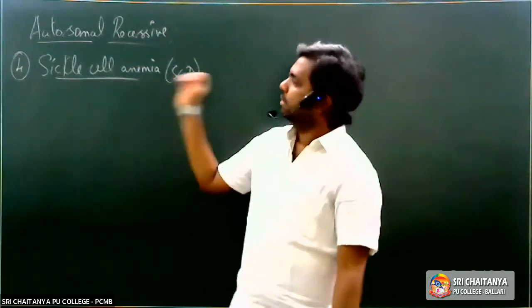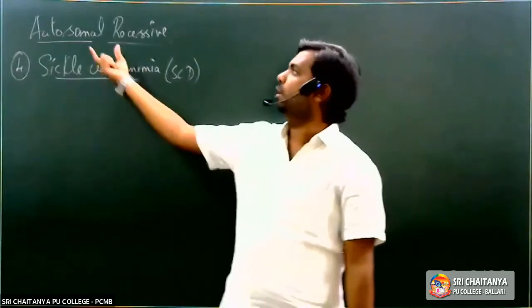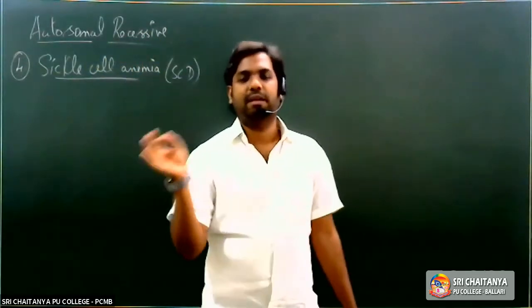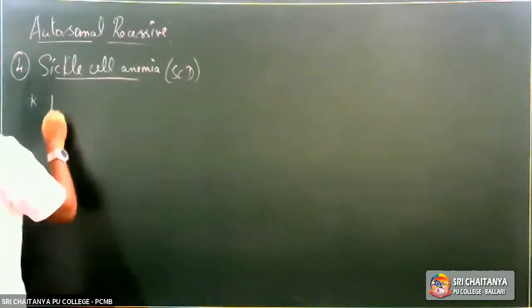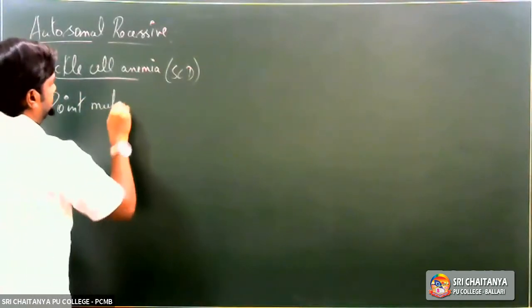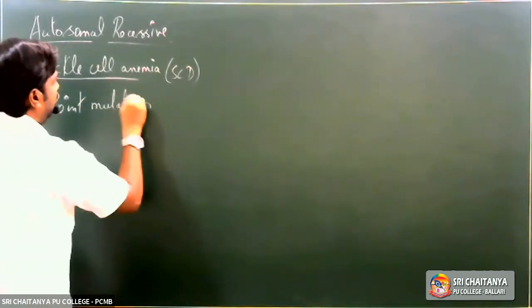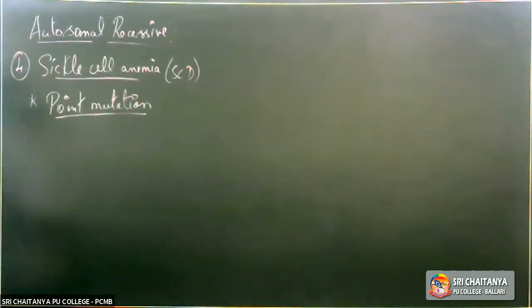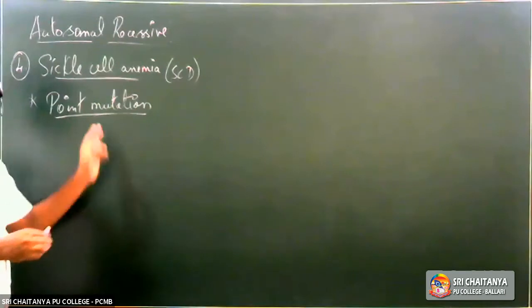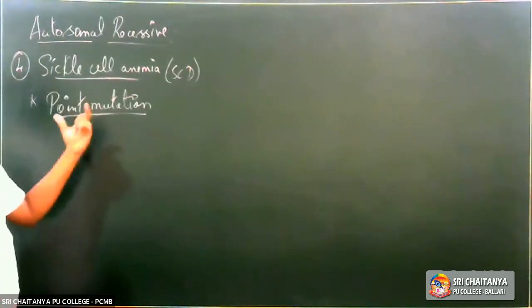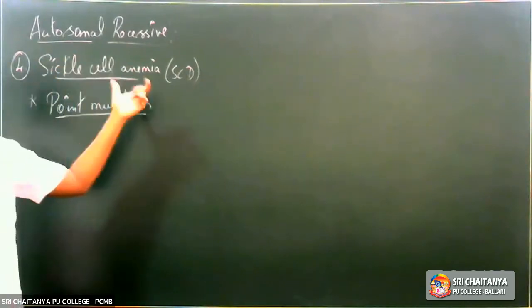Now, this sickle cell anemia is also an autosomal recessive disorder. If you remember, we have taken it as an example of point mutation. What is point mutation? If there is a change in only one nitrogen base, we call it a point mutation. That same point mutation is seen associated with sickle cell anemia.